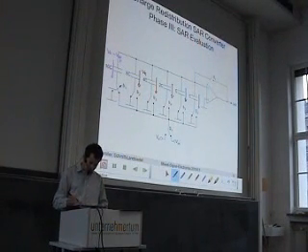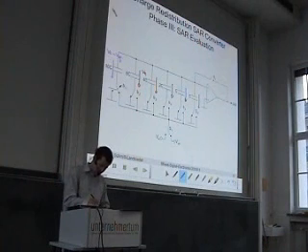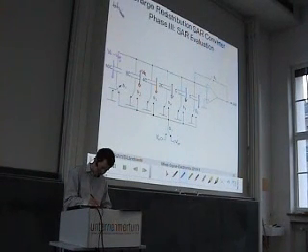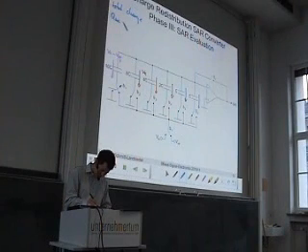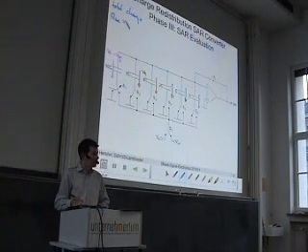And now we can compute the total charge and say, okay, the total charge Q total is the sum of the charge on all of these capacitors.